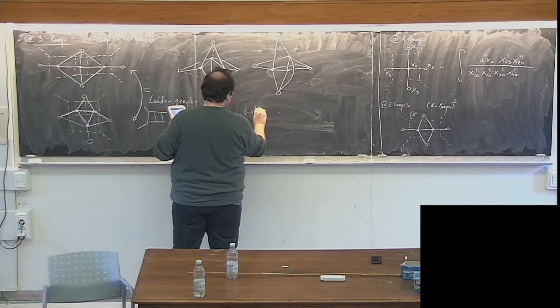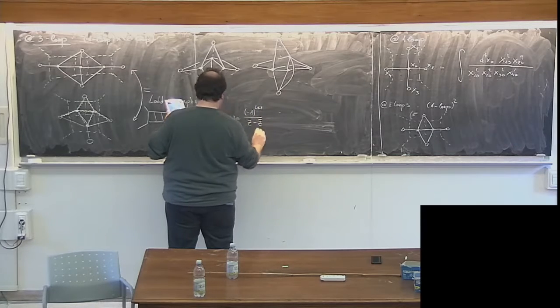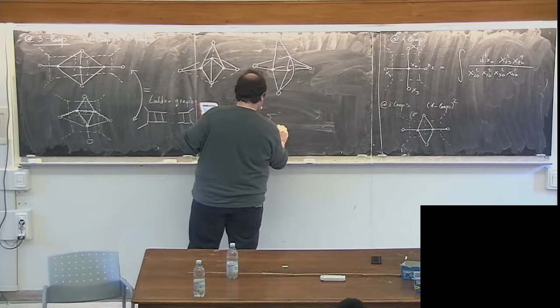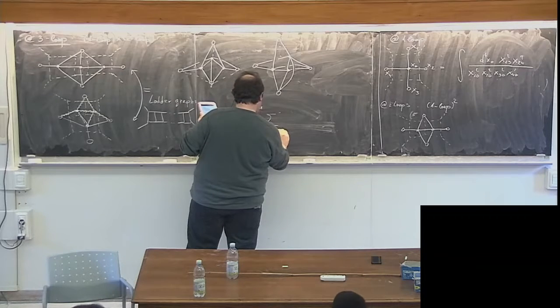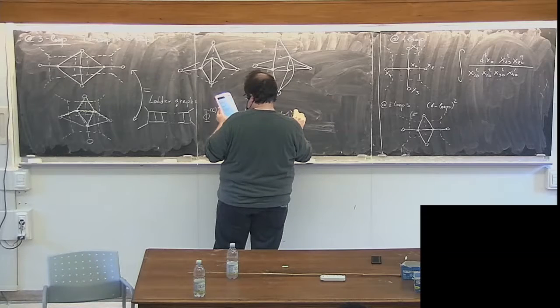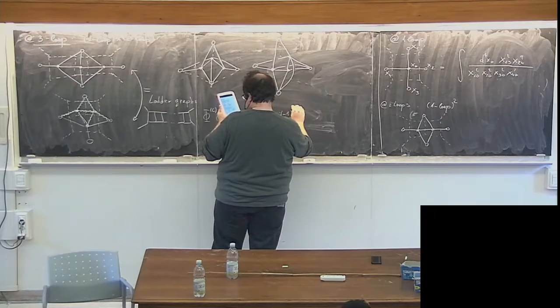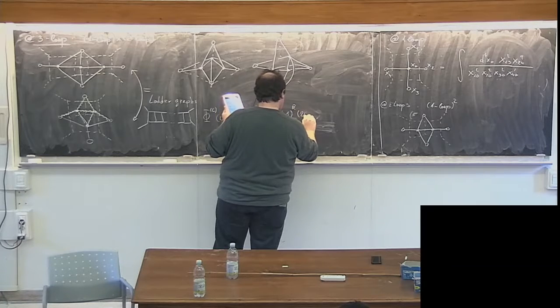Minus 1 to the L plus 1 divided by z minus z bar times the sum from k equals 0 to L of minus 1 to the k, (2L minus k)! over k! (L minus k)!